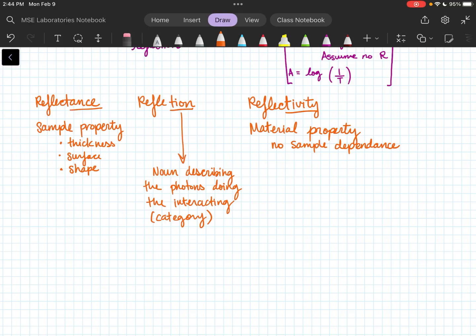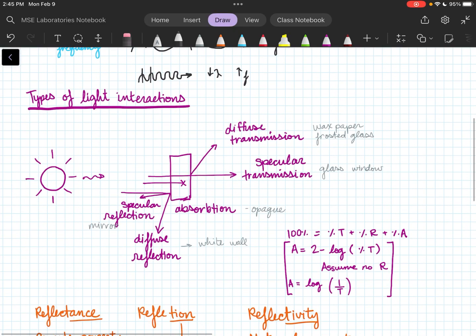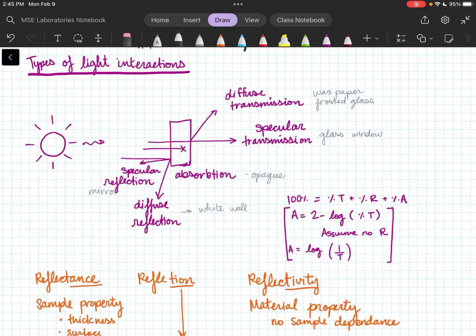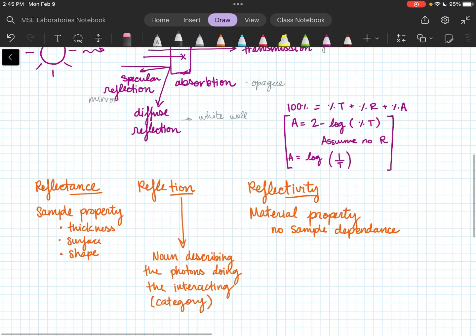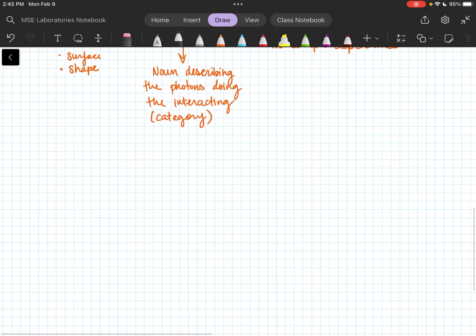So very generally, there's a lot of reasons why materials absorb, or what we can learn from this. Generally, our question is, how does my sample interact with light? And that can be stuff like, I have a solar cell, and it needs to absorb light of a specific wavelength.